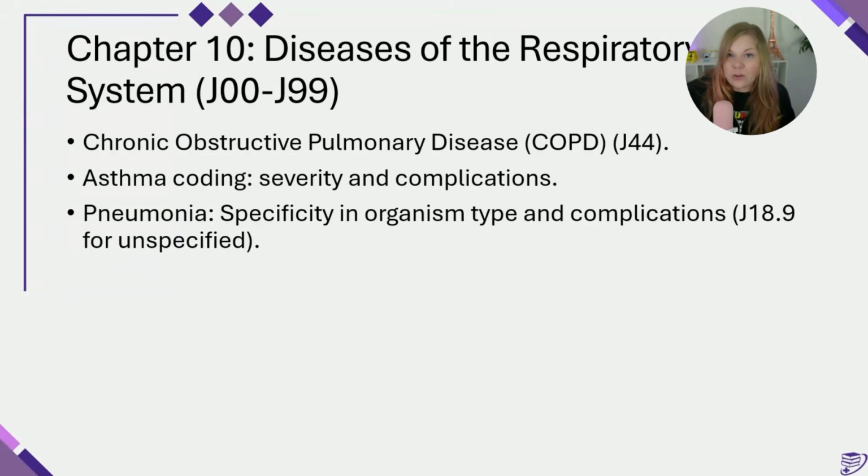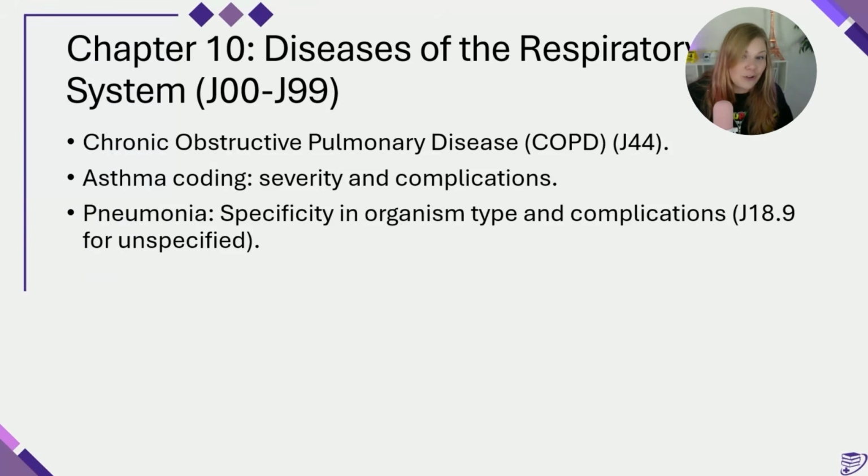You need to code based off of the severity and complications, such as J45.21 for mild persistent asthma with acute exacerbation. Pneumonia is a big one for the CPC exam as well, with coding dependent on the organism that's causing the infection. And then, if they don't specify, we have an unspecified code.